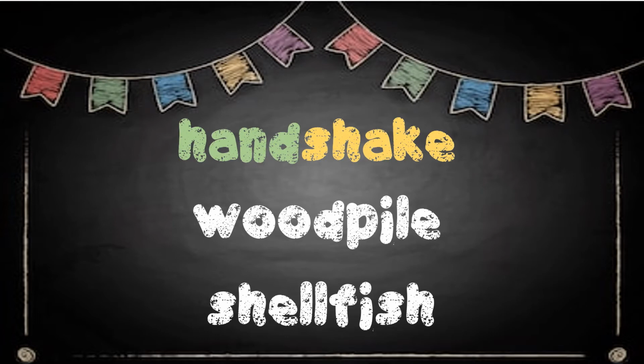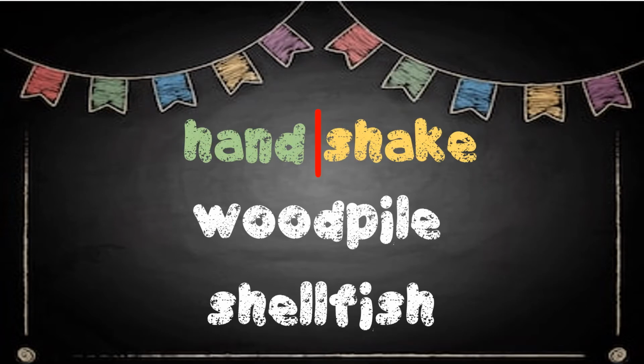So if we were to divide this word, we would divide it between the D and the S. Also, when we have compound words, the accent goes after the first word.